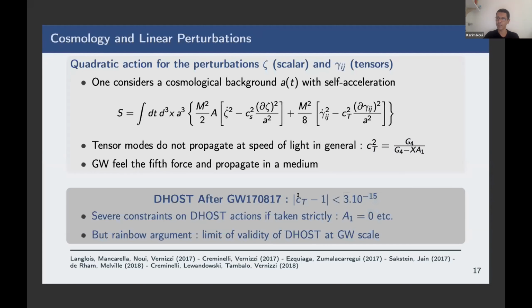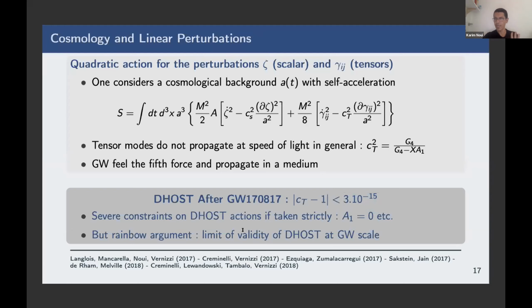So the difference between ct and 1 is lower than 10 to the minus 15. So this imposes a very severe constraint on those theories. If we take this constraint seriously, if we say that ct is 1, then in fact, many of those theories are ruled out by this constraint.